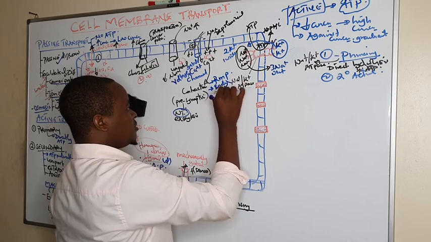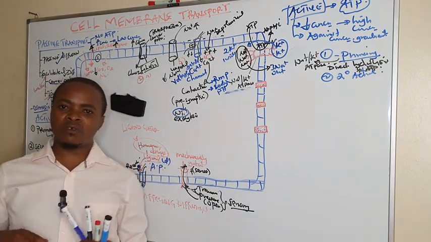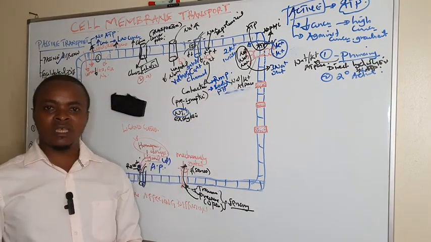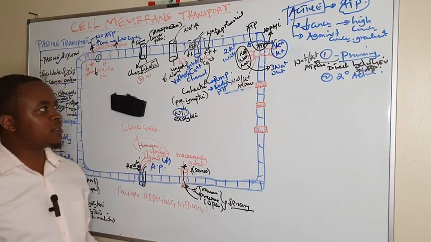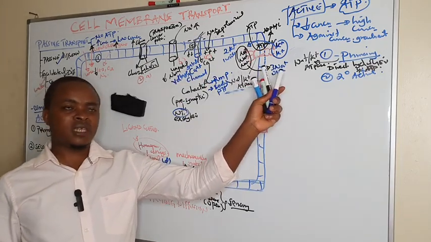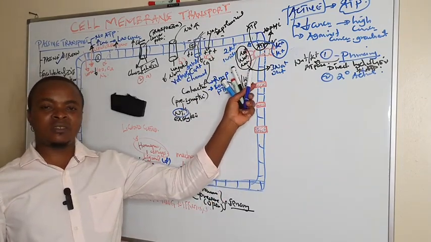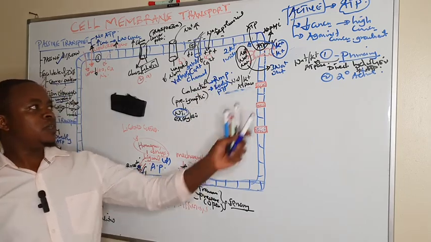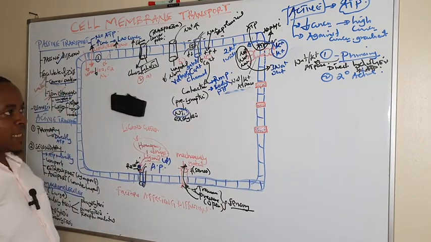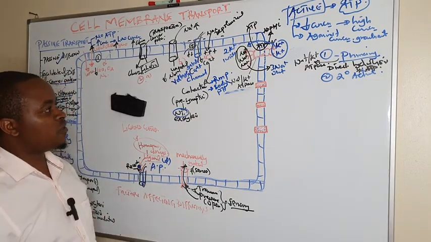Substances like glucose and amino acids are transported depending on the sodium-potassium ATPase pump, whereby it pumps 3 sodium outside and 2 potassium inside. Why? Because inside this carrier protein we have 3 receptors for sodium, and outside we have 2 receptors. So that is active transport, primary active transport.